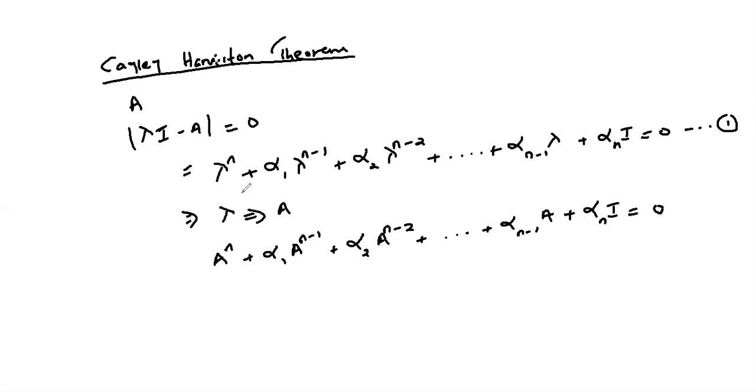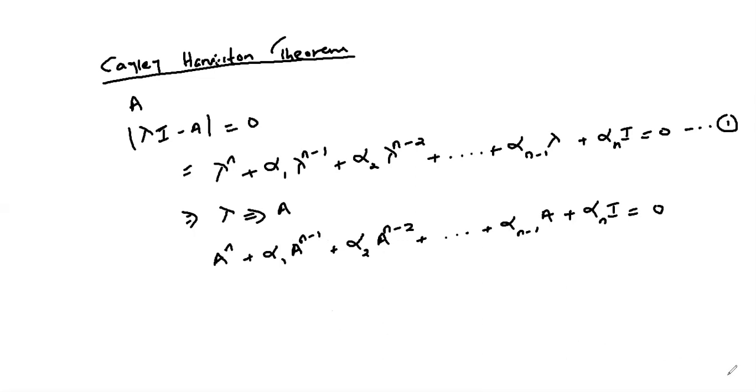So if we substitute for lambda with A, the characteristic equation will still evaluate to 0, and that is the Cayley-Hamilton theorem.